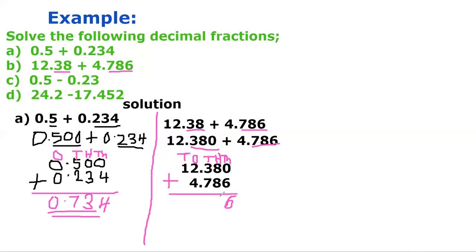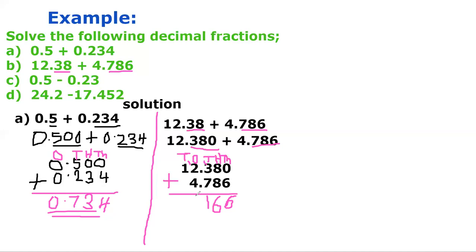So the 16, you write 6 here, then you add the 1 to the immediate number here. That is the remainder, so you have to add it to the immediate number. Now 1 plus 3 will be 4, and then 4 plus 7 will be 11. Then you put 1 here. Then you add the next one to the immediate number here.